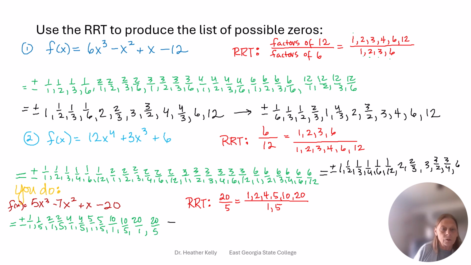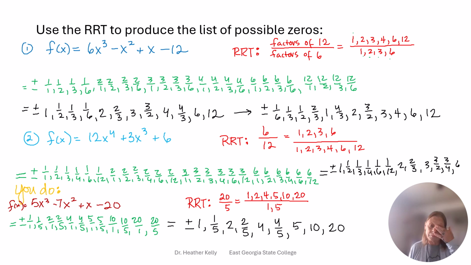Okay, awesome. So let's get this final thing here. We have 1, 1/5, 2, 2/5, 4, 4/5, 5, 10, and 20. All right. Yay!